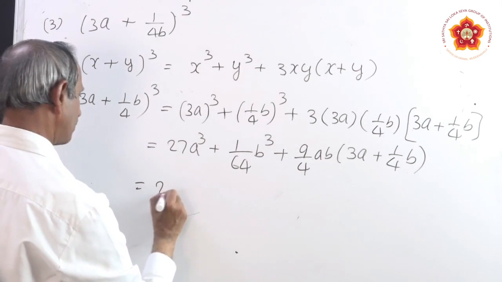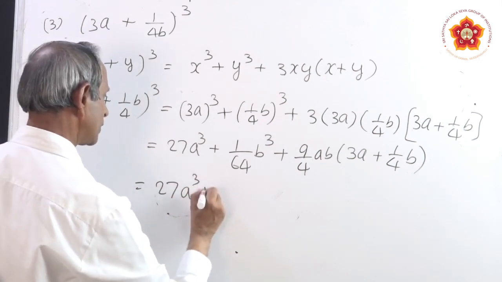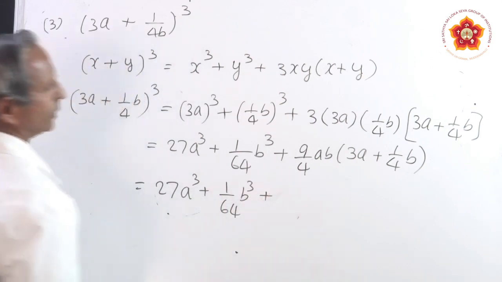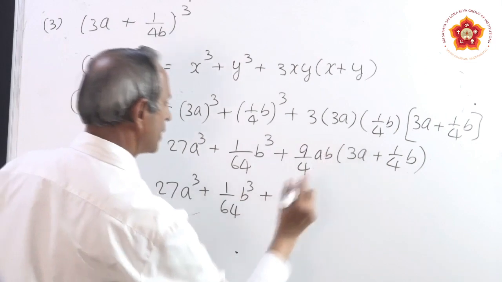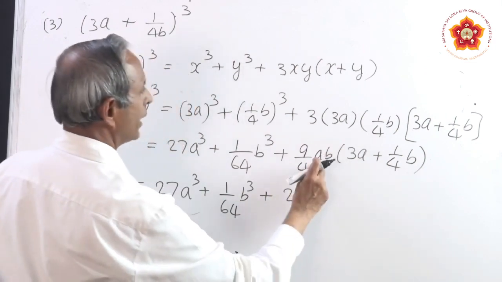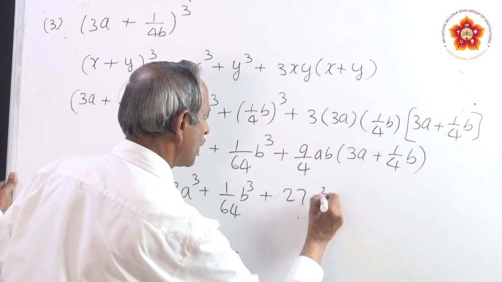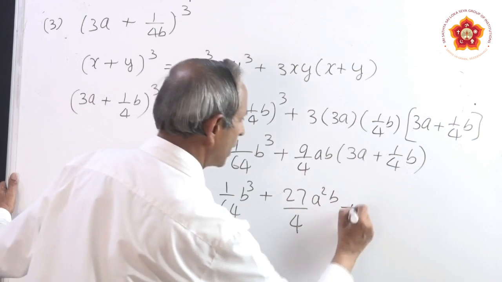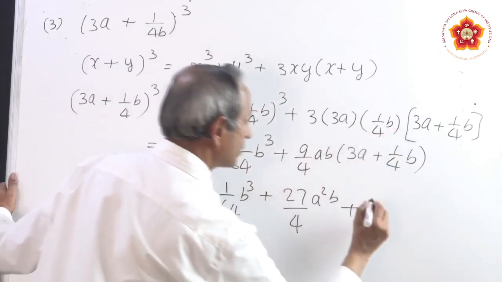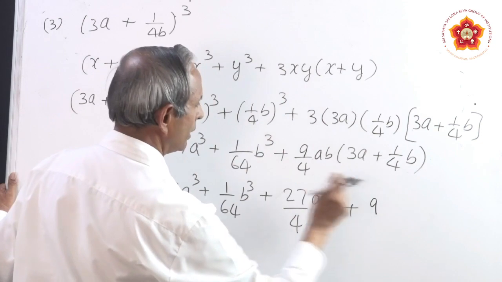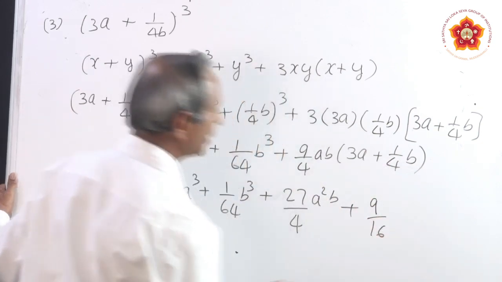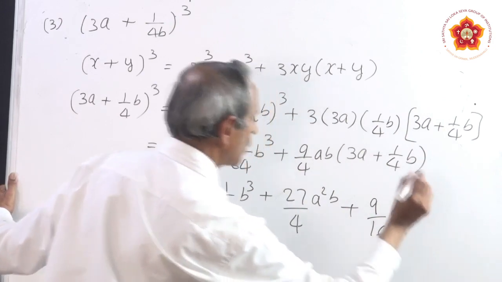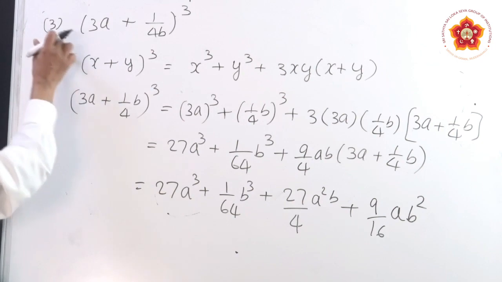Now the final answer becomes 27a cube plus 1 by 64 b cube plus, multiply here 9 into 3, 27 ab into a, you will get a square b upon 4, the 4 down there is written as it is. Next move to the last term, 9 into 1, 9 only, down here 4 into 4 you will get 16. Now ab into b, you will get ab square. This is the cube of the given expression.